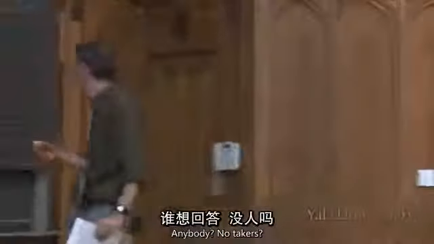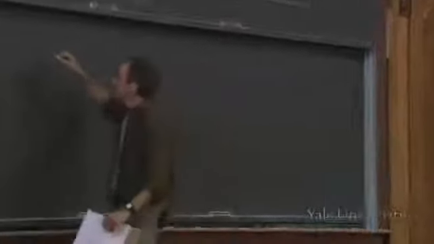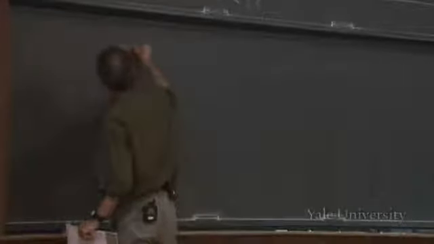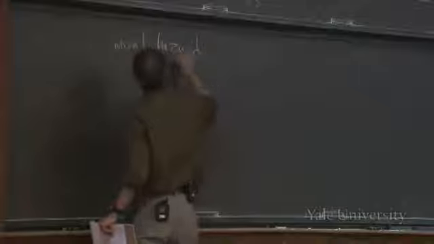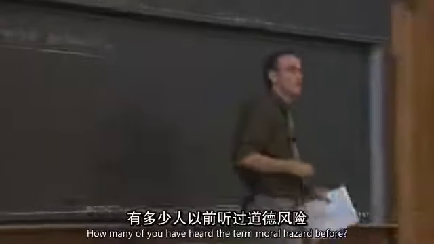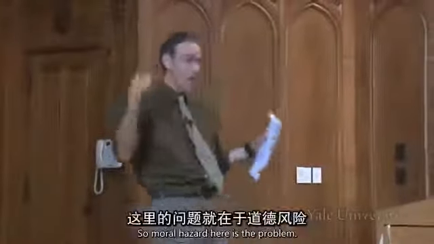No takers? All right, this is called moral hazard. How many of you have heard the term moral hazard before? All right, a number of people have heard it. So here we are, moral hazard.